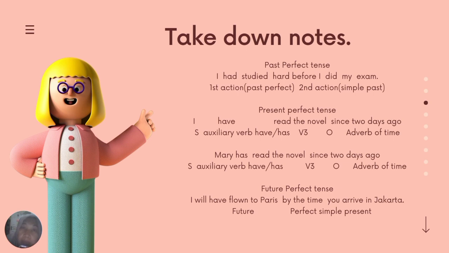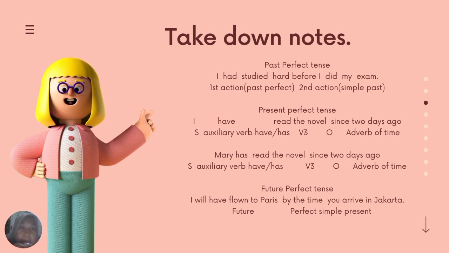Why do I pronounce it read? Because it is in past participle, because the first form for read is read. The second form is read, and the third form is read. And the novel is for object, and since 2 days ago is adverb of time.